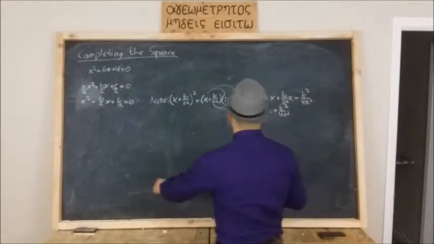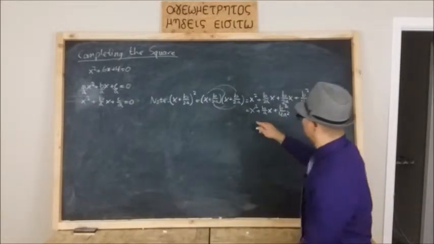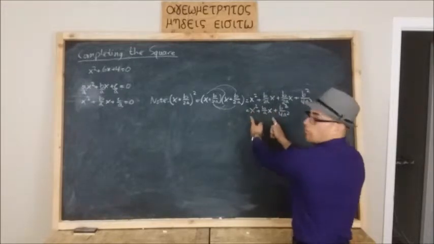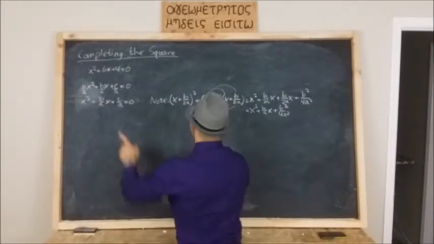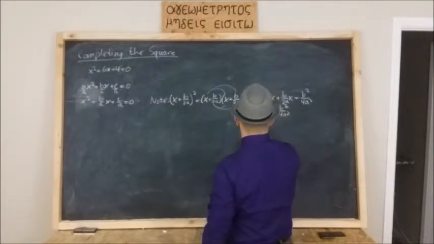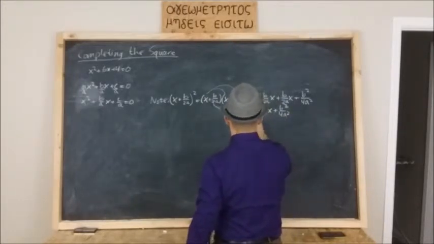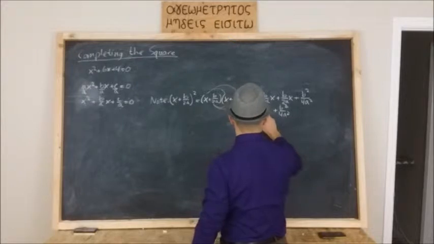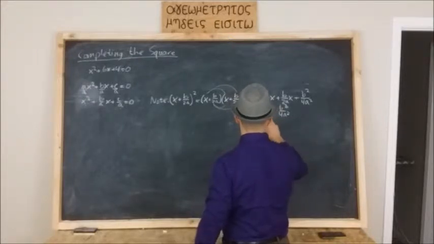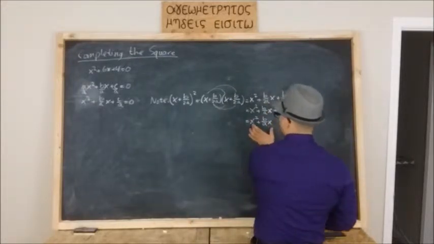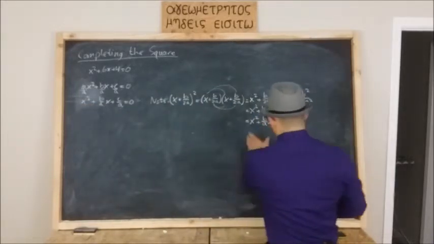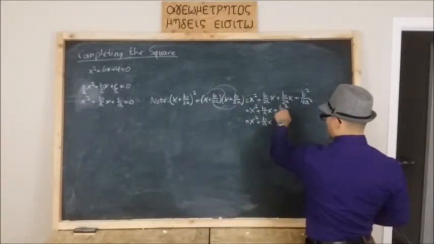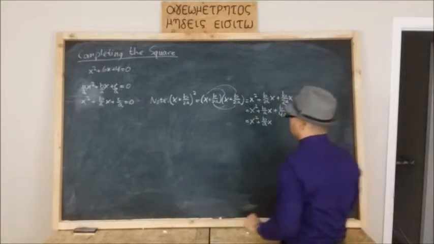What am I looking for? Well, notice the similarity between this portion and this portion. So to get that, I'm going to have to say x squared plus b over a x. That's the part I want here. But to get that, I'm going to have to subtract b squared over 4a squared.